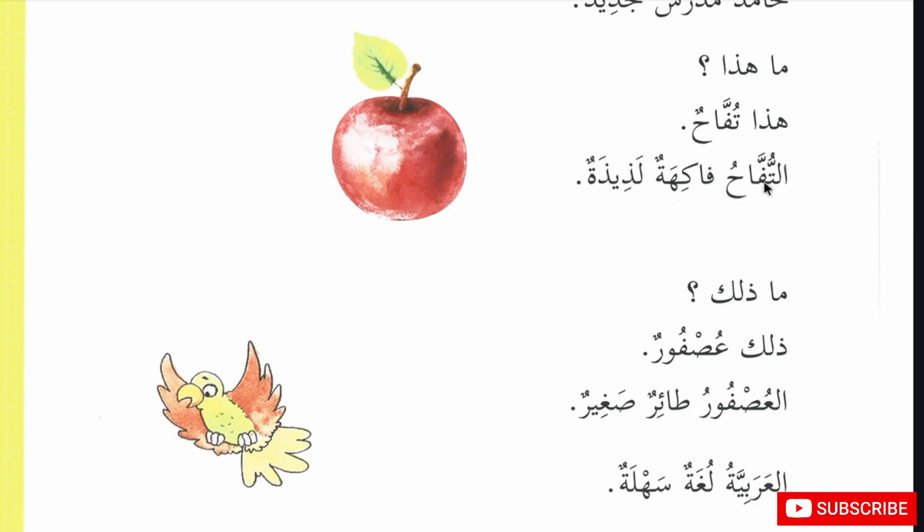The apple or apples is a fakiha, a fruit. Ladida means delicious. It is a delicious fruit. Sorry, here it's actually tufahu as a plural, saying apples are a delicious fruit. Here it was a singular; here it was taken as a plural.